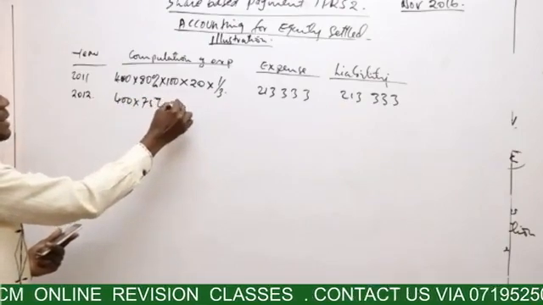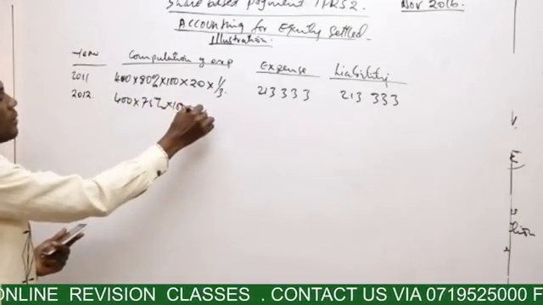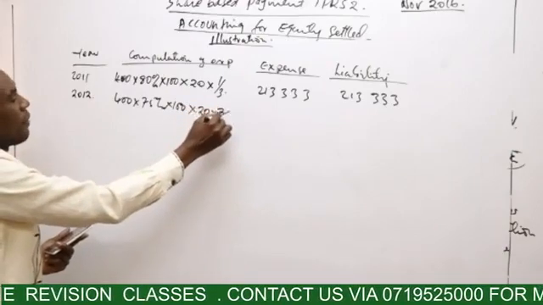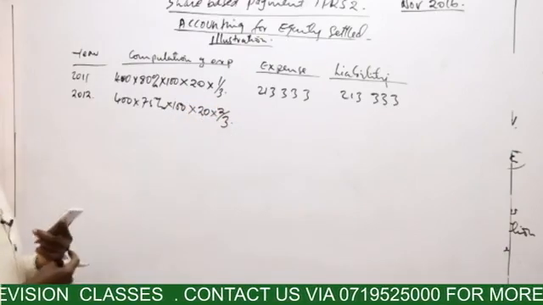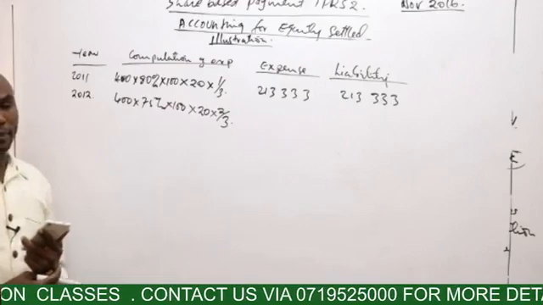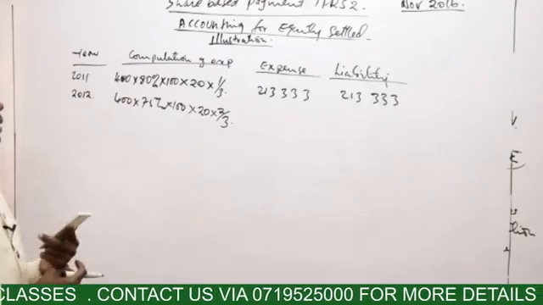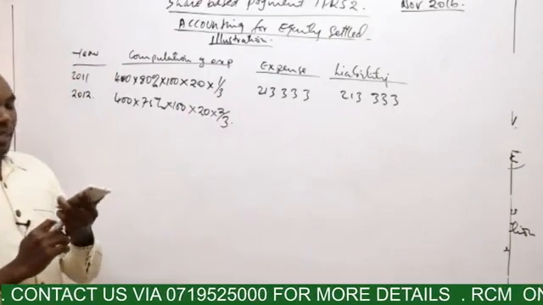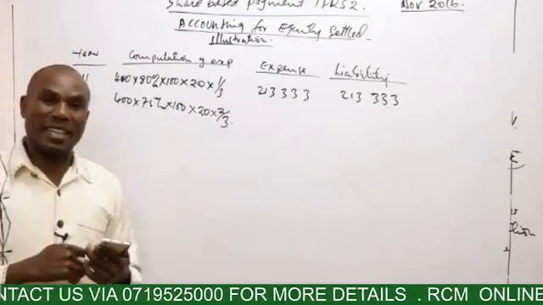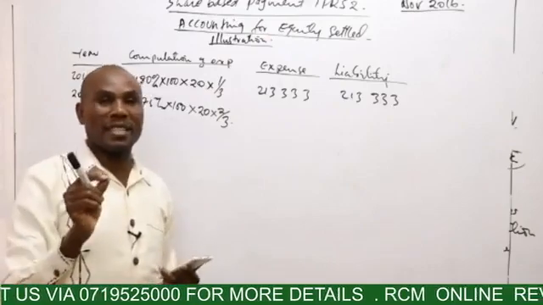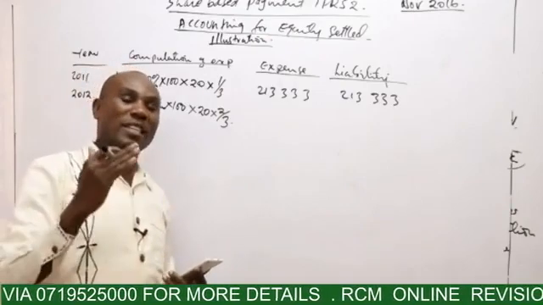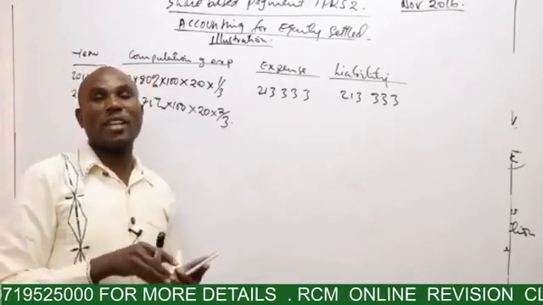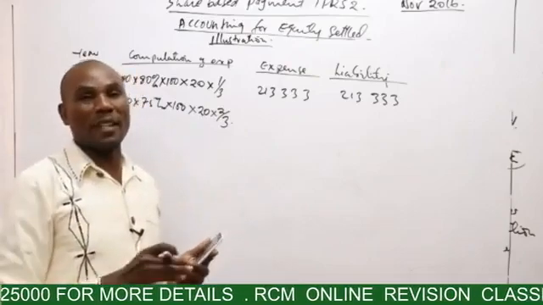Times 100 times 20 times 2/3. Remember, I'm using a third because now the vesting period is 3 years, and if the vesting period is 3 years, then you need to spread all this over the period.